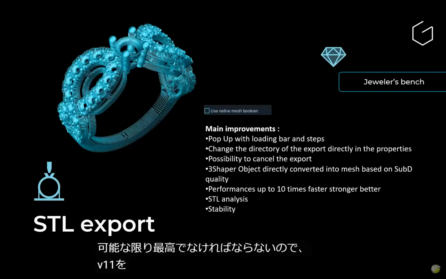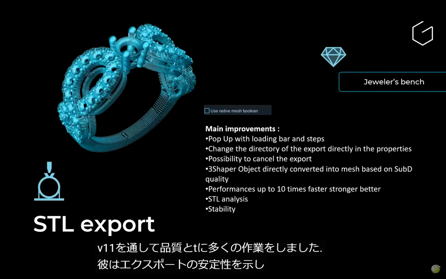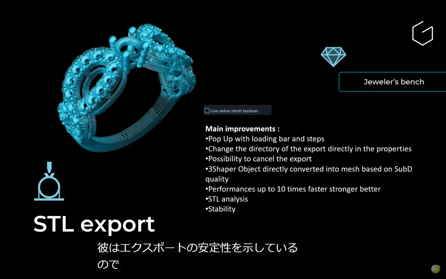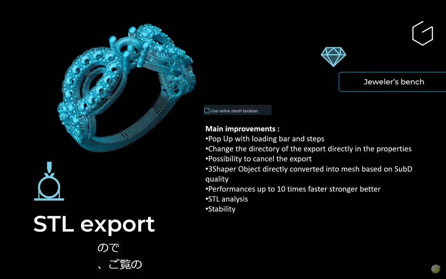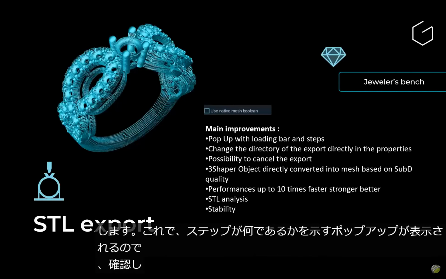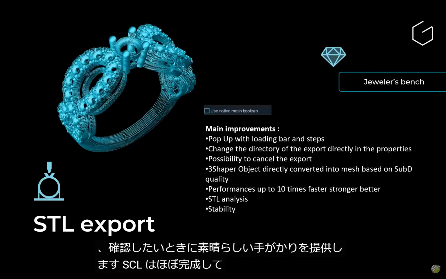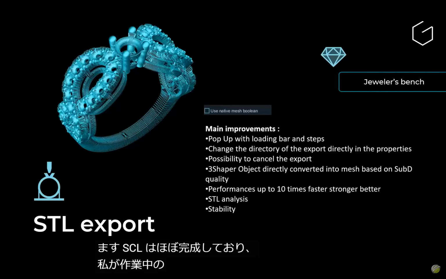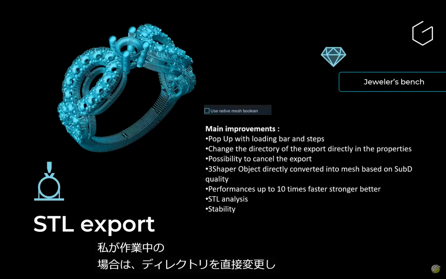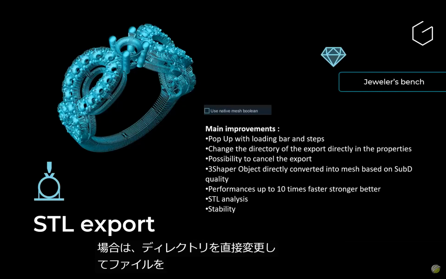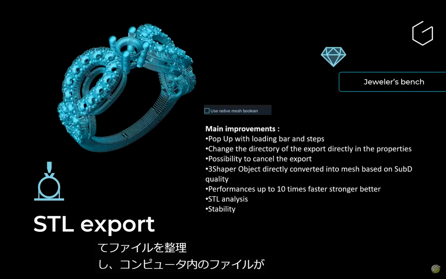So through the V11, we worked a lot on the quality and the stability of the export. So as you can see, I displayed the main improvements that we have on the STL. So now you have a pop-up which shows you what the steps are. So it provides you great clues when you want to see if the STL is almost finished and where I am in the process. You can change the directory directly to organize the file to avoid losing the file in your computer.